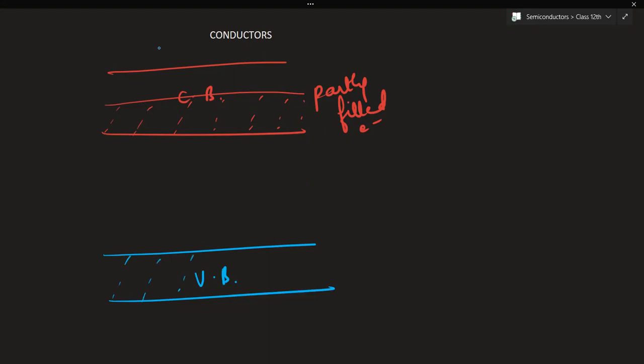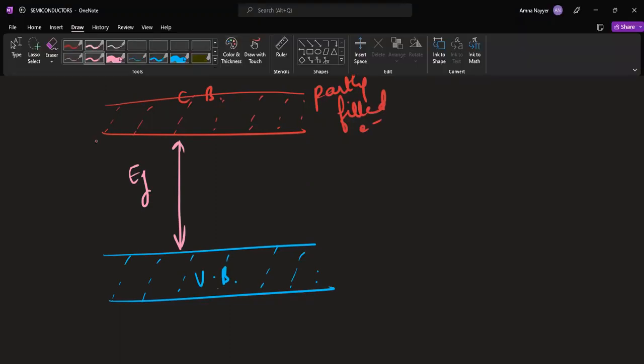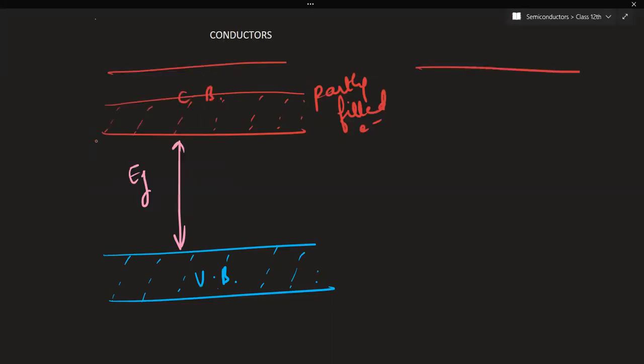The valence band is completely filled with electrons. And then here you will obtain the energy gap. The energy gap is present.